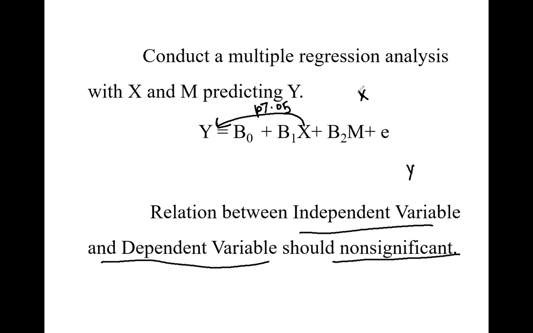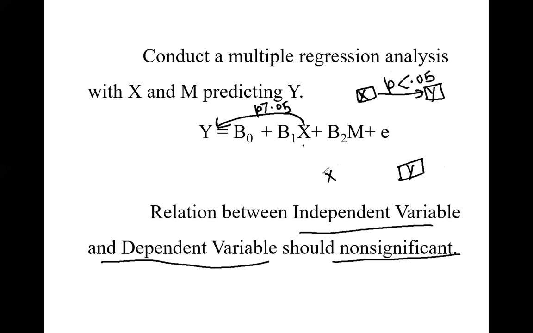Before adding the mediator variable, the relationship between the dependent and independent variable should be significant. But after adding the mediator variable, the relationship between X and Y should be non-significant.